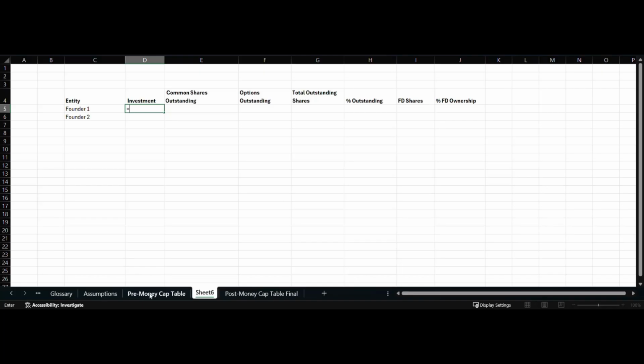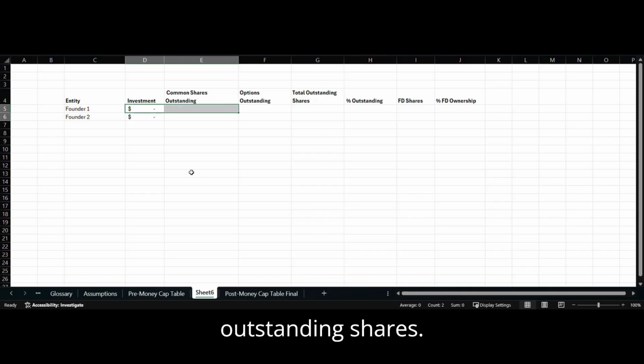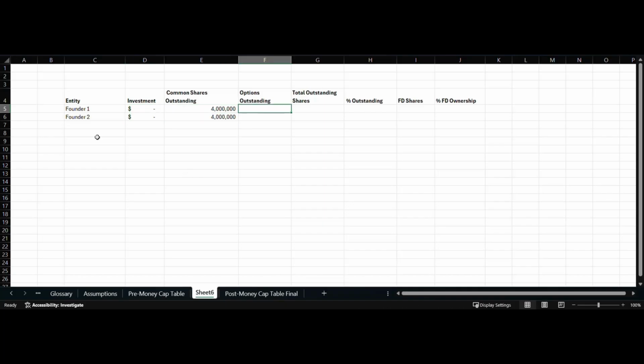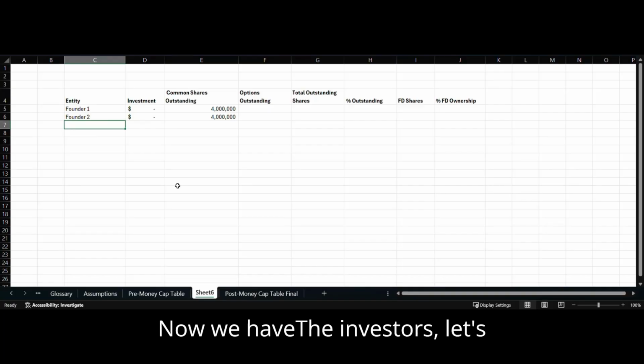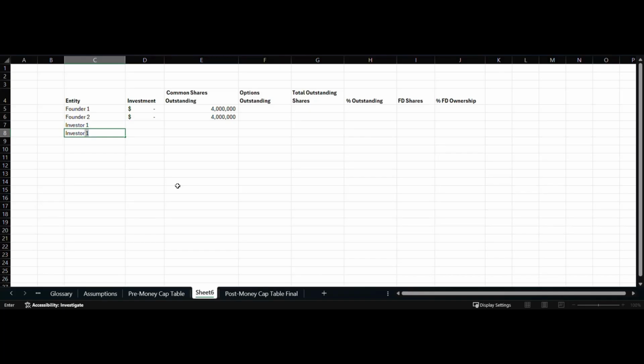So what I'm going to do is copy this over. Outstanding shares. Okay. Now we have the investors. Let's assume that we have 3 investors that put money into the company. Let's put investor number 2 and investor number 3.